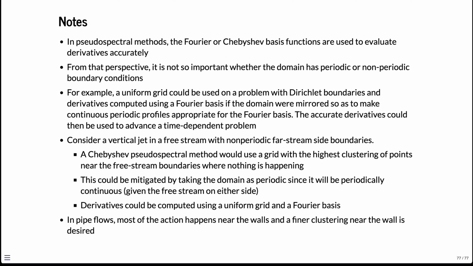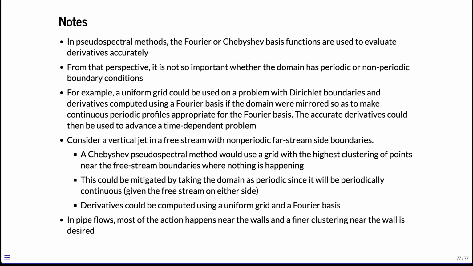And then accurate derivatives could be used to advance a time-dependent problem. So the idea is you might have a non-periodic problem, but you can make it periodic if you just mirror the profile and put one next to the other. And then you could apply a uniform grid with a Fourier basis to compute the derivatives. So that could be considered.